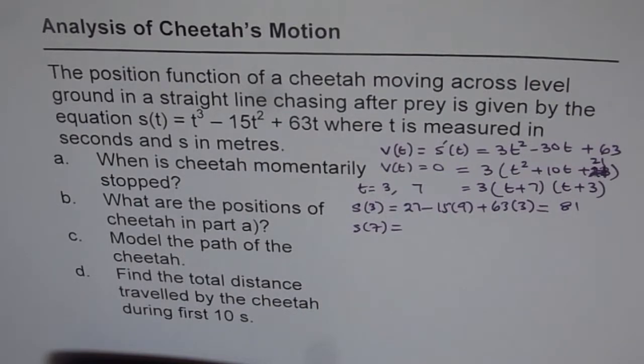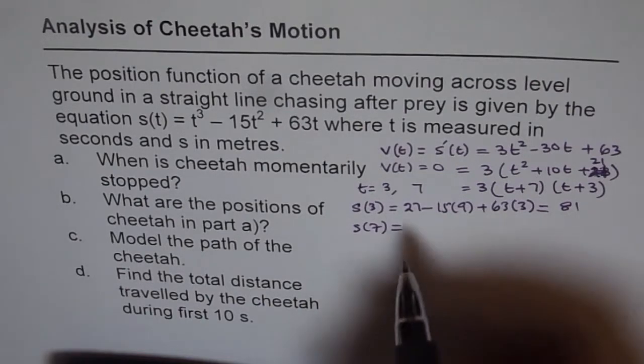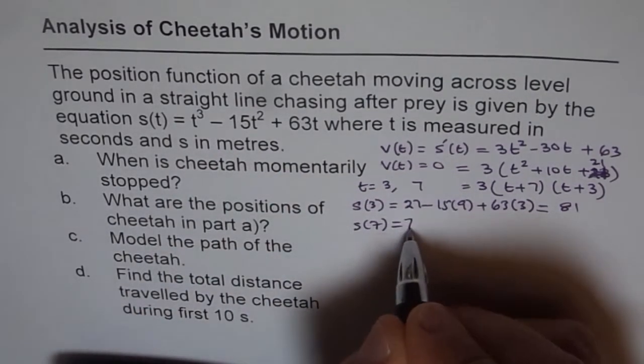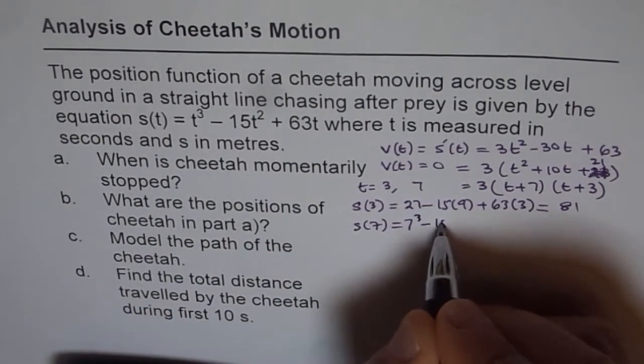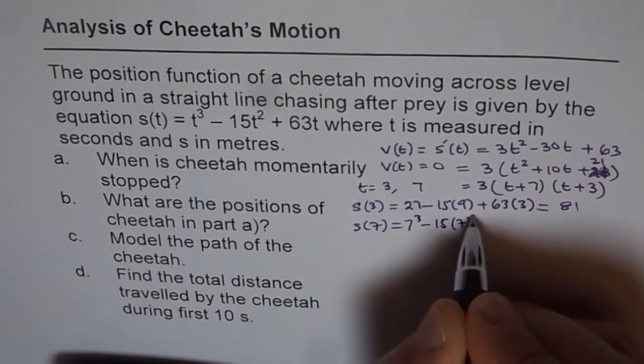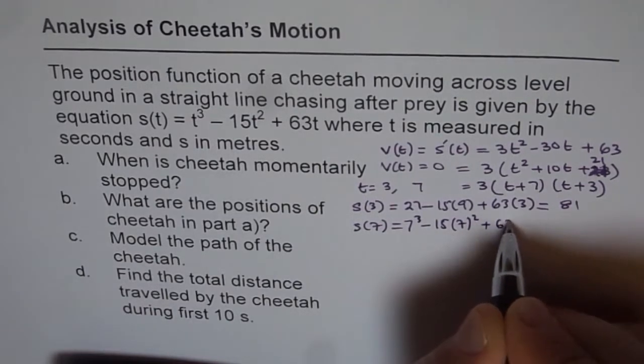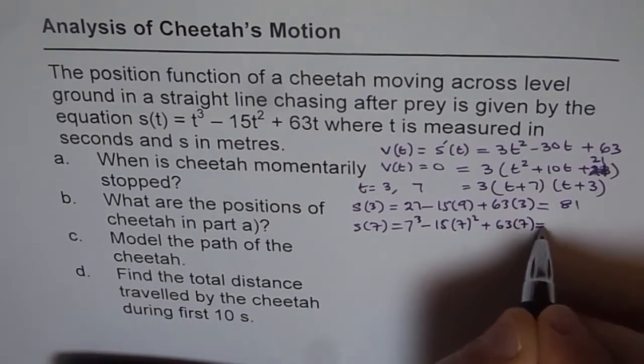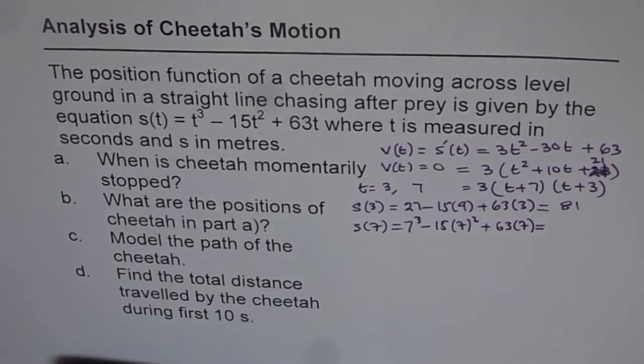Now s of 7, you can plug in the value 7 here, and then you get 7 cubed minus 15 times 7 squared plus 63 times 7. Let's use the calculator to find this value. 7 cubed minus 15 times 7 squared plus 63 times 7 is equal to 49.